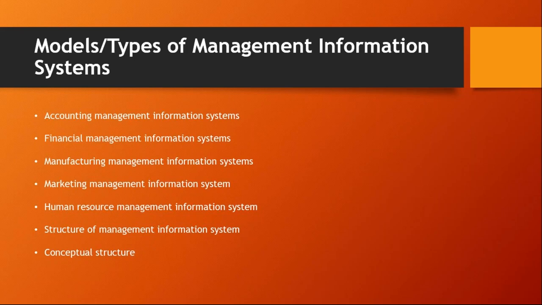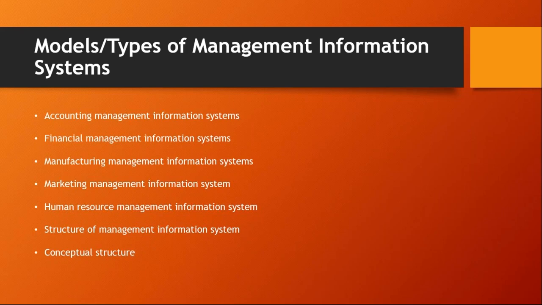We have the manufacturing management information system, which takes care of manufacturing from the raw materials, which is the input, to the transformation of these raw materials in order to give us the output, which is the product or the service. Then we have the marketing management information system, of course.